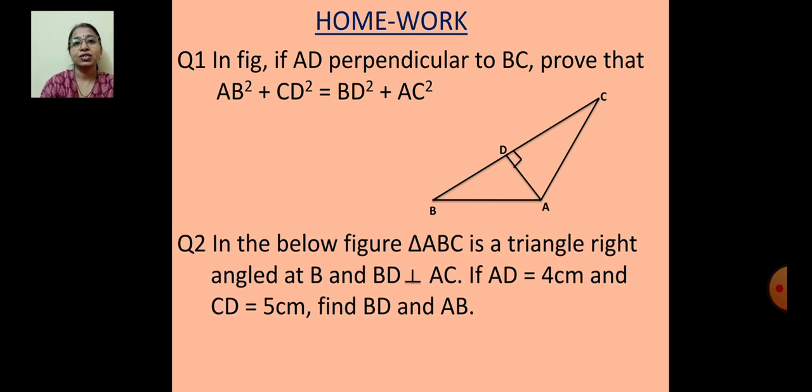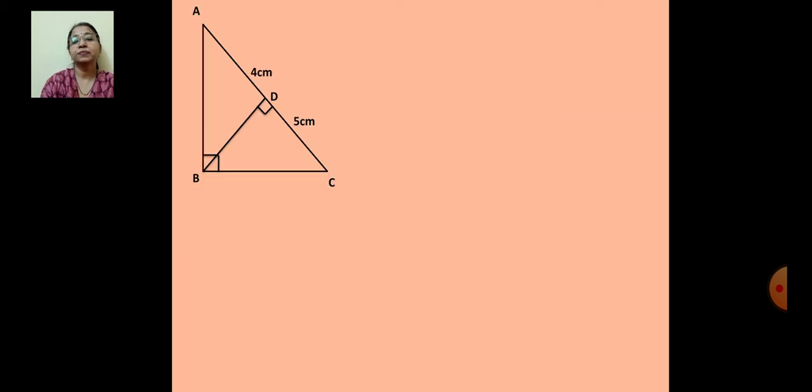Next homework question is, in the below figure, triangle ABC is right angled at B and BD is perpendicular to AC. If AD is 4 cm and CD is 5 cm, find BD and AB. So let us have a look at the diagram.